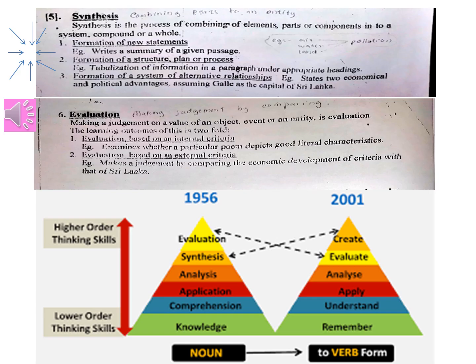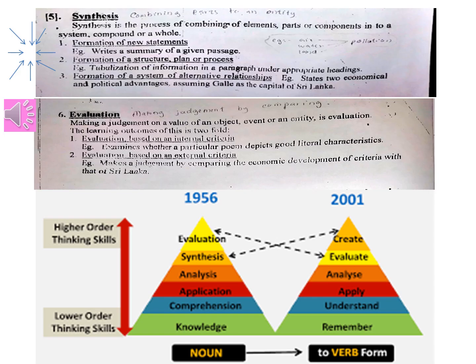Here you are combining elements, parts or components into a system, compound or a whole, right? Combining parts into an entity. You make one unit by combining different parts. Now, an example: formation of new statements. Example, writes a summary of a given passage.